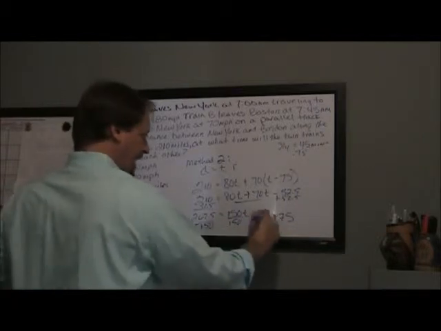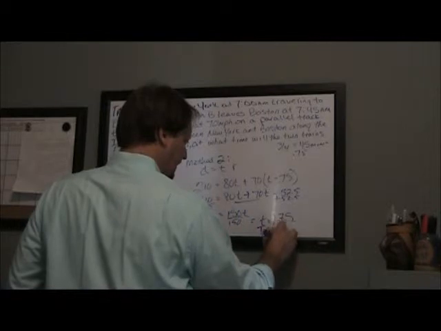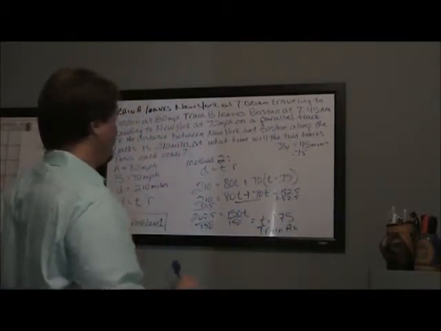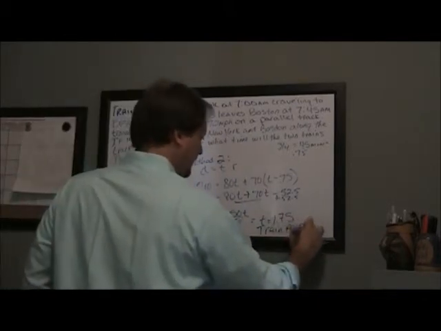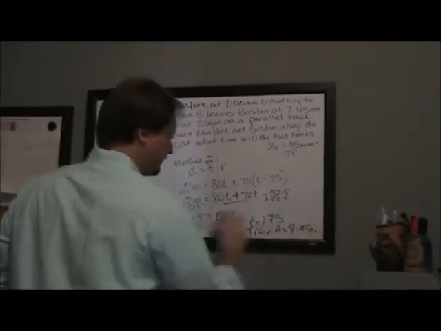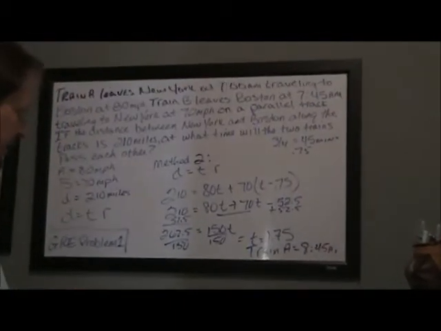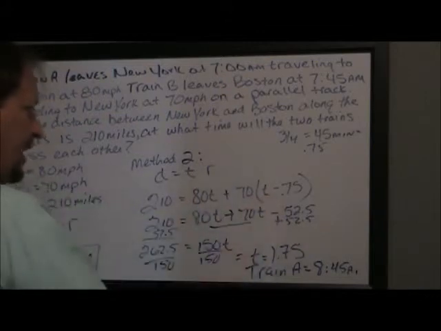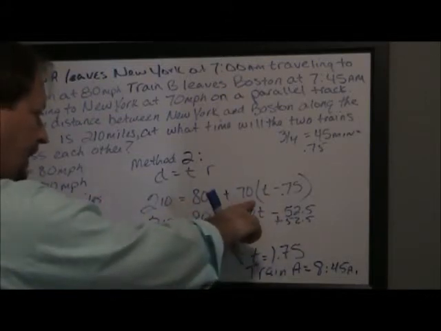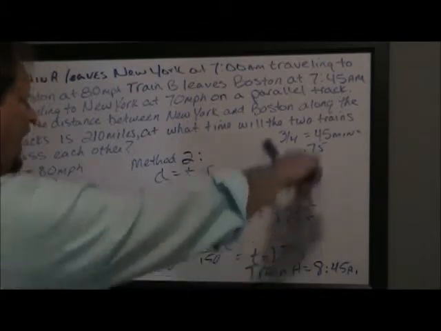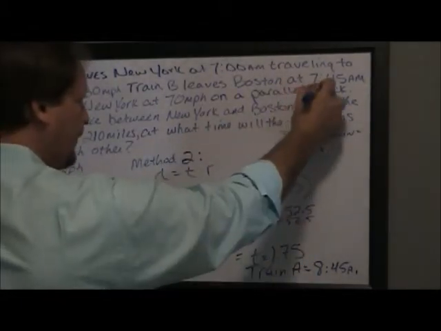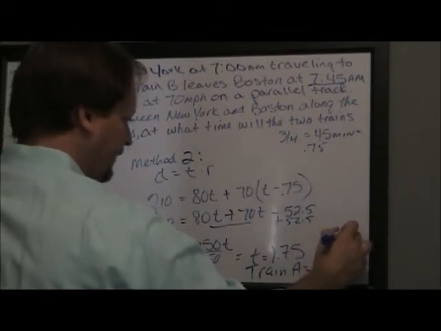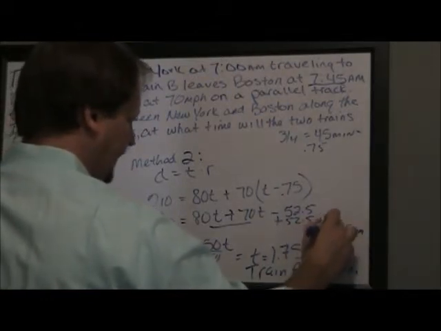So this is train A. If you add 1.75 hours to 7 a.m., you get 8:45. Now, we have to subtract 0.75 from the time for train B. You subtract it, you get 1 hour. You add it to the 0.75 or 7:45, and you come up with 8:45 for train B.